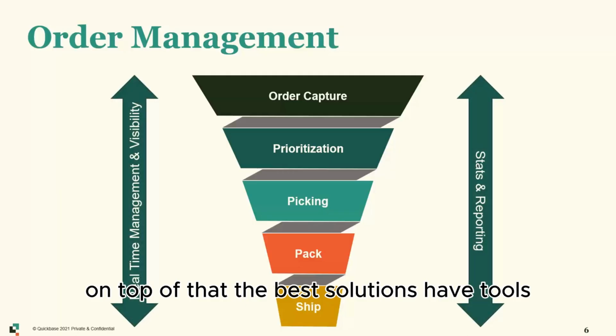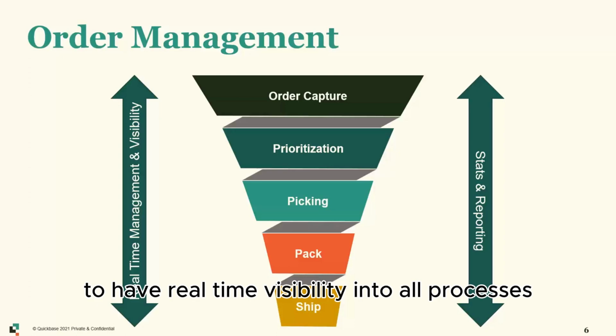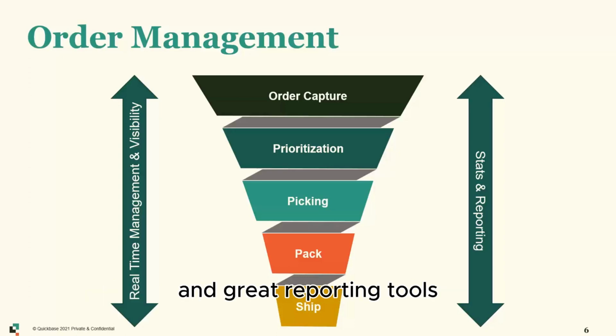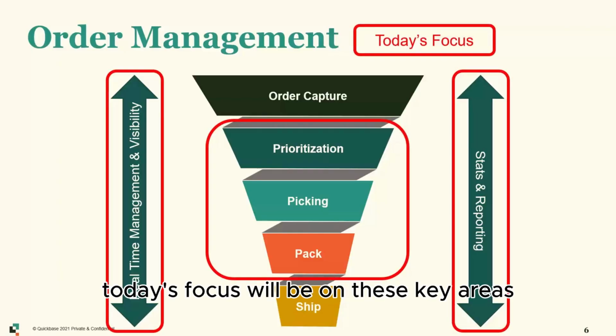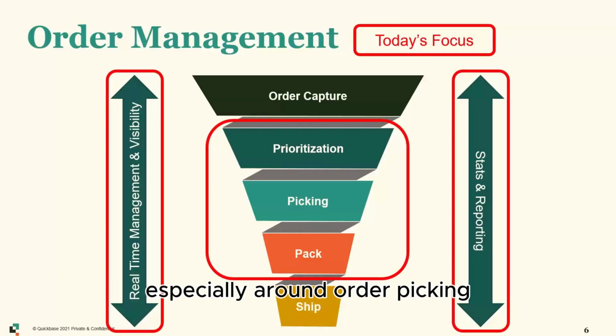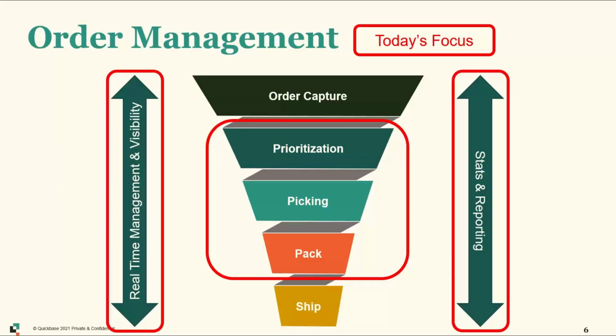On top of that, the best solutions have tools to have real-time visibility into all processes and great reporting tools. Today's focus will be on these key areas, especially around order picking.